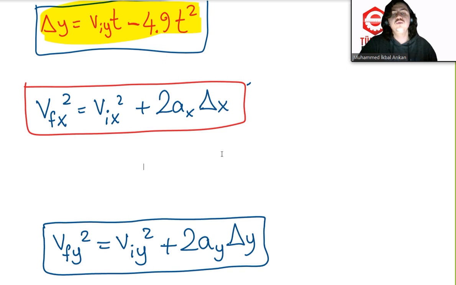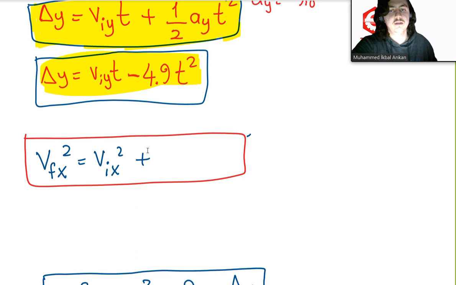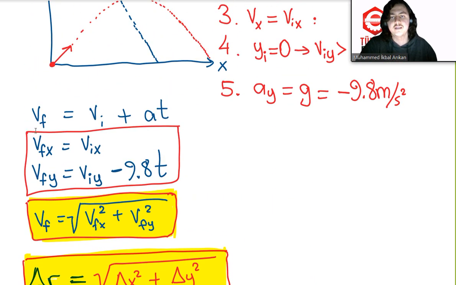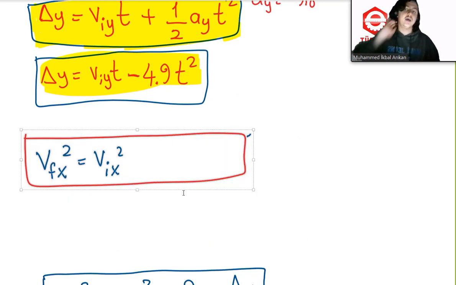When you don't have the time and you want to calculate delta x, your acceleration in x is equal to 0, so this will cancel. So you will get just vfx squared equals v initial x squared, and actually this vfx equals vix I put before. So this is not usable, because acceleration in x equals 0, so this formula is not applicable for us.